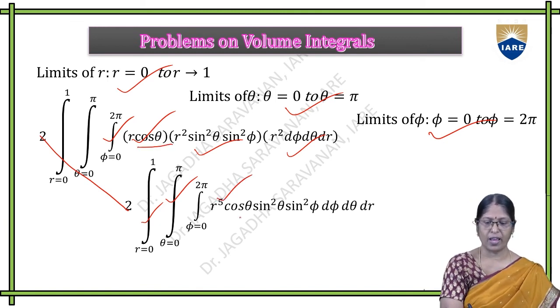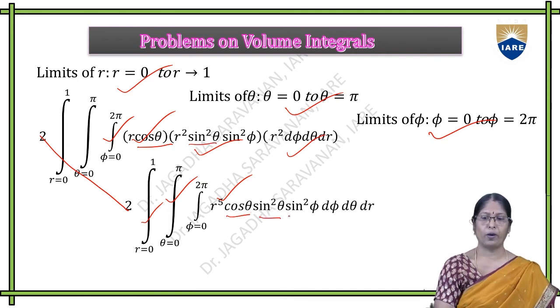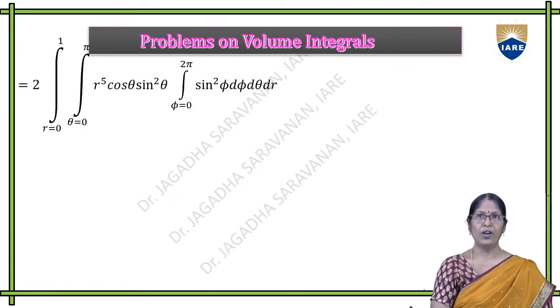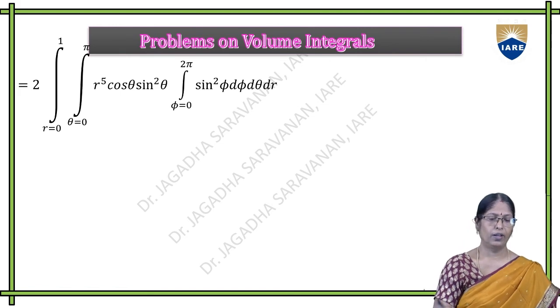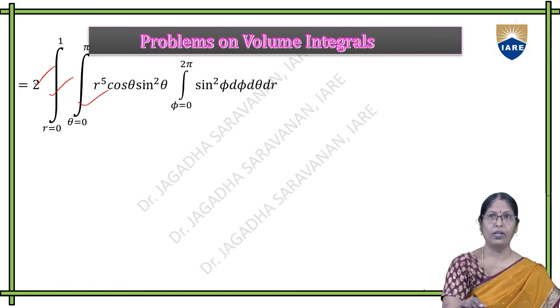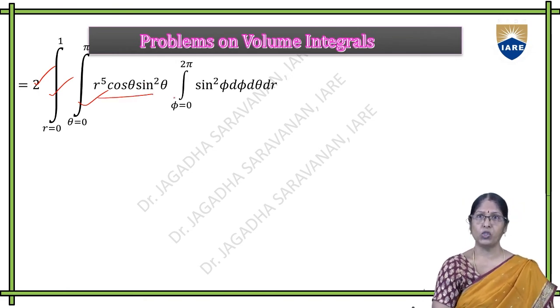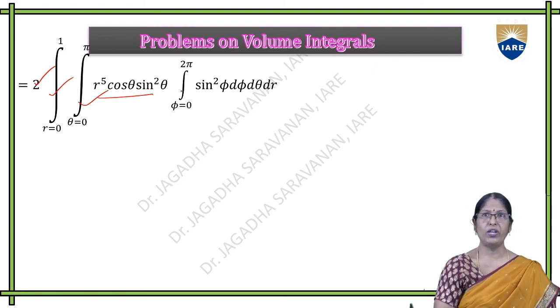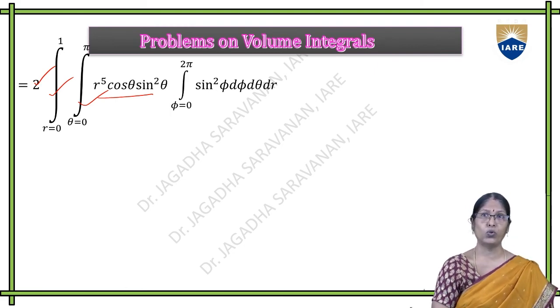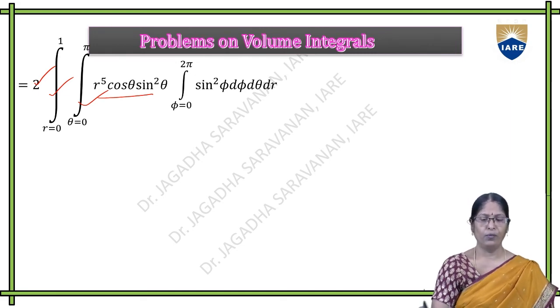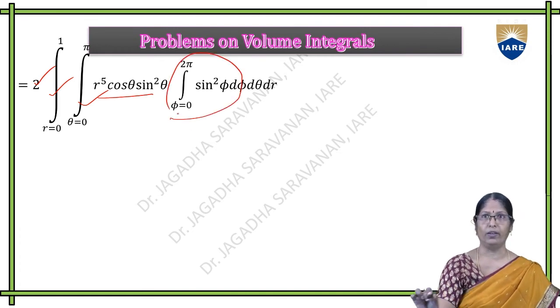Next, cos theta as it is, sin square theta as it is, sin square phi as it is, d phi d theta dr. Now we keep the outermost and middle ones as they are: r power 5 cos theta sin square theta, and the interior integration phi from 0 to 2 pi of sin square phi, d theta dr. We are going to focus only on this one now.